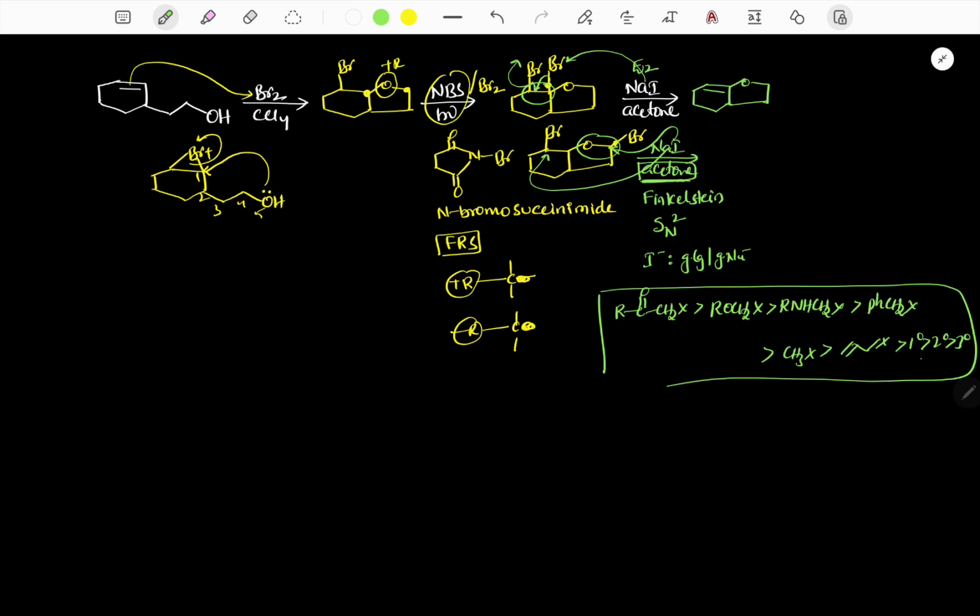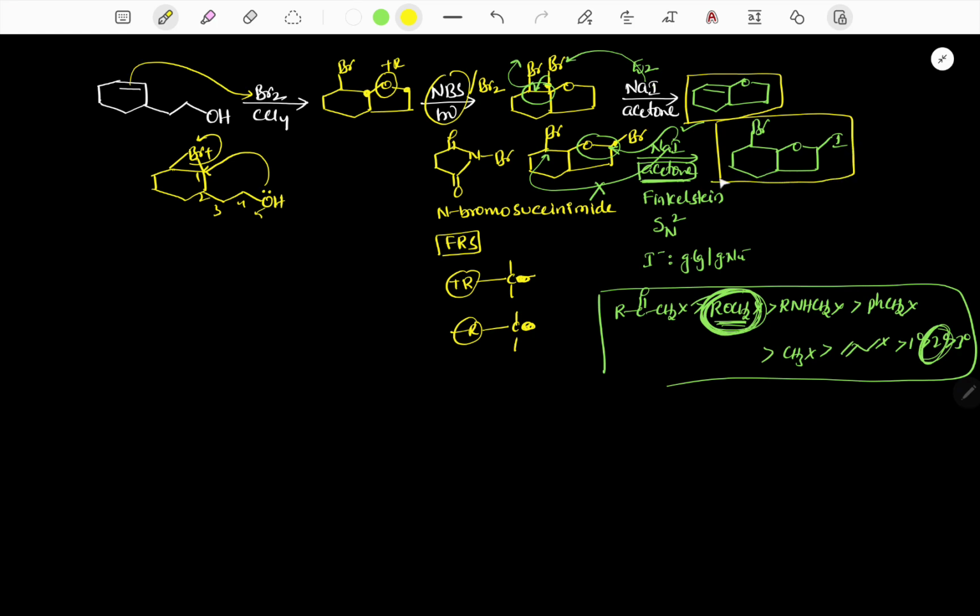So if I compare secondary and ROCH2X, ROCH2X is more reactive. That's why this reaction is possible and that reaction is not possible. If I take one equivalent, the final product is this one. Because of elimination it is a product, and because of substitution it is a product.